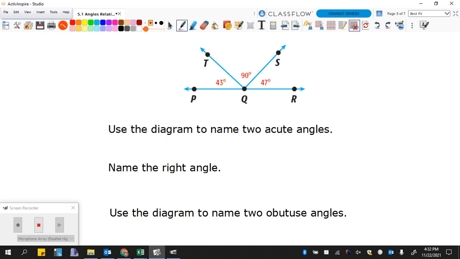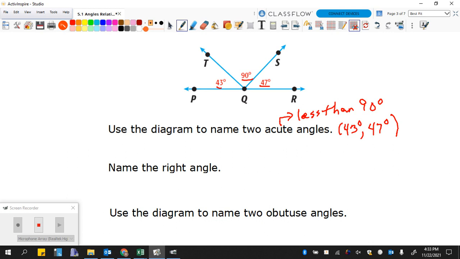It says use a diagram to name two acute angles. Acute angles, remember, are less than 90 degrees. We have three angles: one that's 43, one that's 47, and one that's exactly 90. So the acute angles are the 43-degree angle and the 47-degree angle.